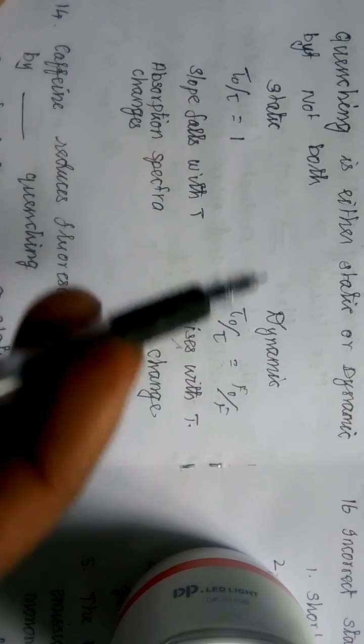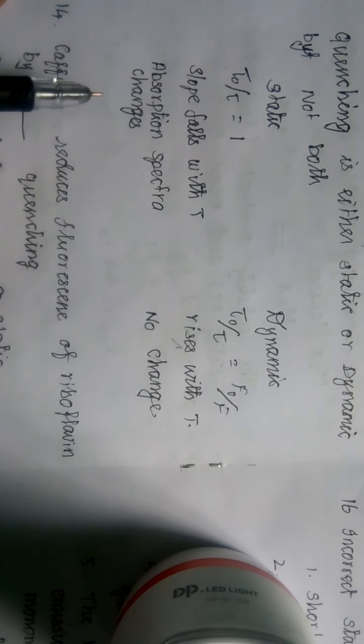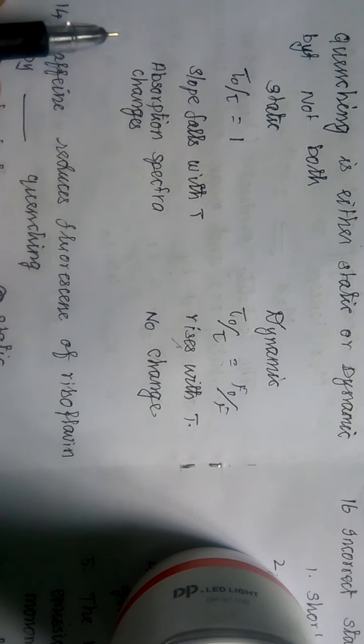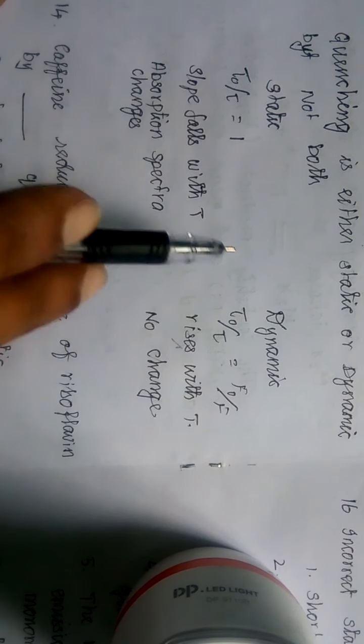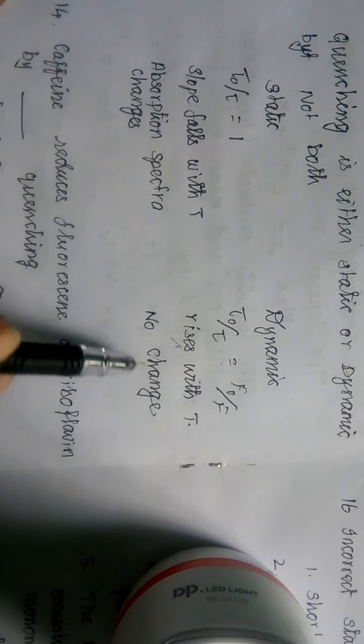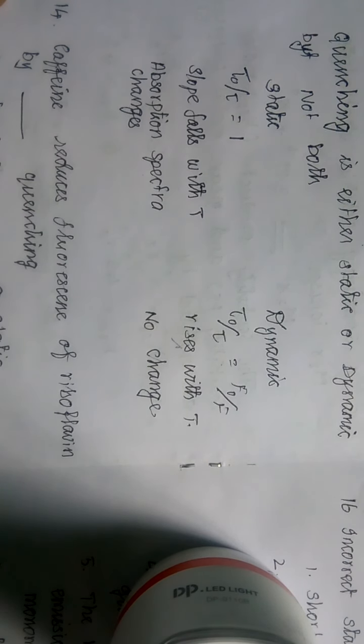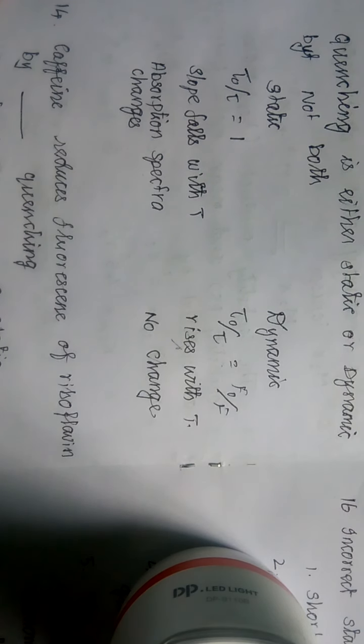These are the points for the Stern-Volmer equation. In static quenching the absorption spectrum changes, but in dynamic quenching there is no change in the absorption spectrum. From this we can differentiate between static and dynamic quenching.